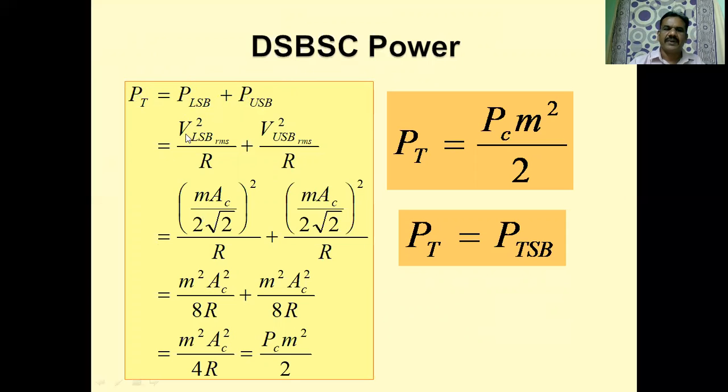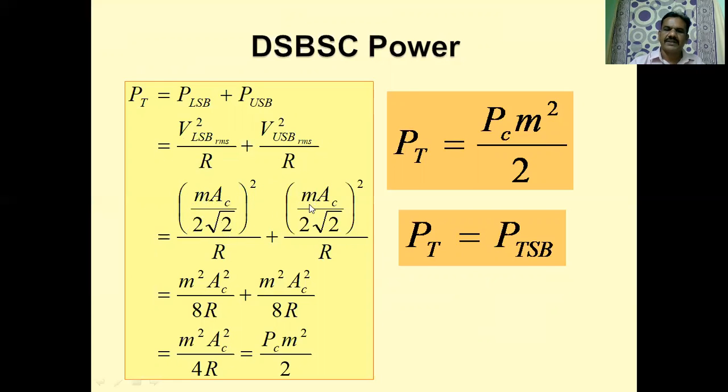So the lower sideband has power VLSB whole square by R, plus the upper sideband VUSB whole square by R, and the voltage level of the lower sideband is mAc by 2 divided by root 2. Here we want the RMS value. So (mAc by 2 root 2) whole square by R is the power of the lower sideband.